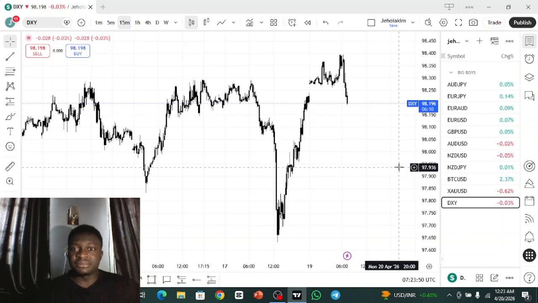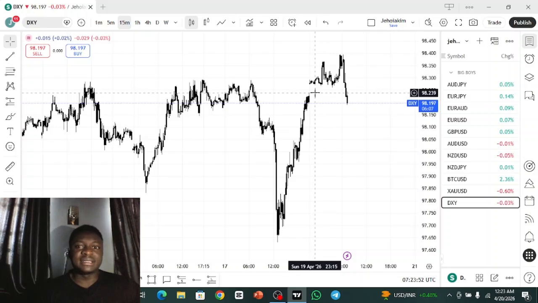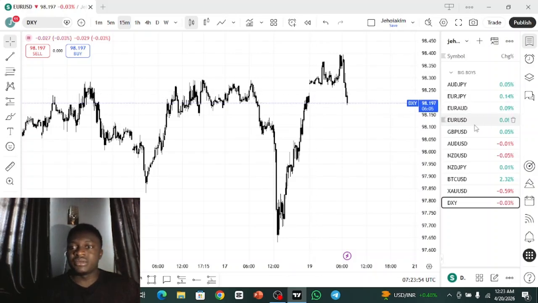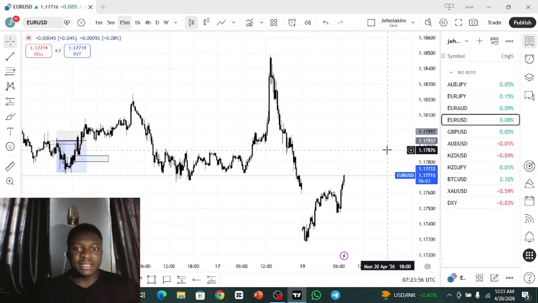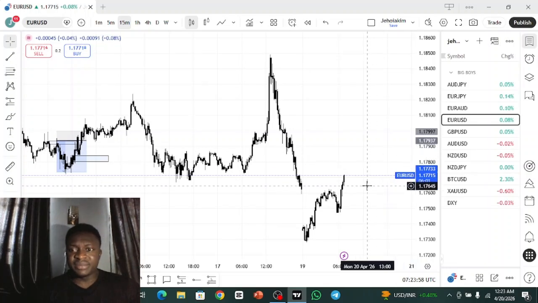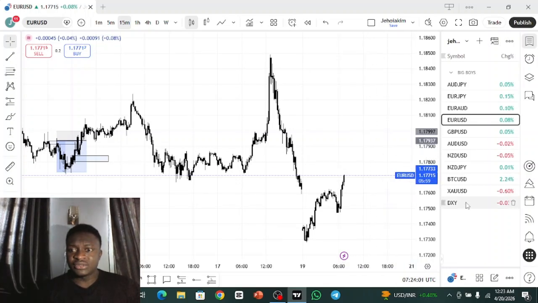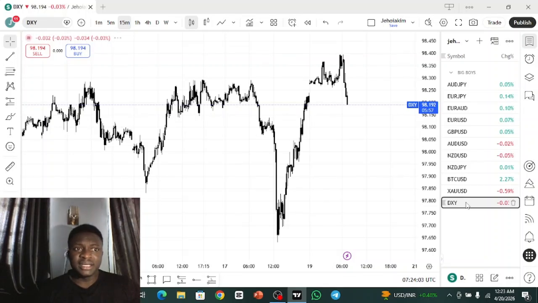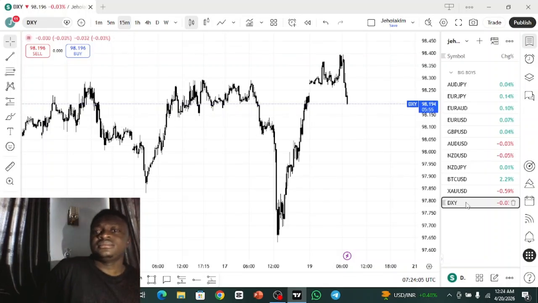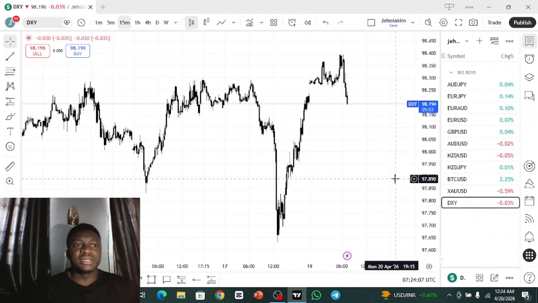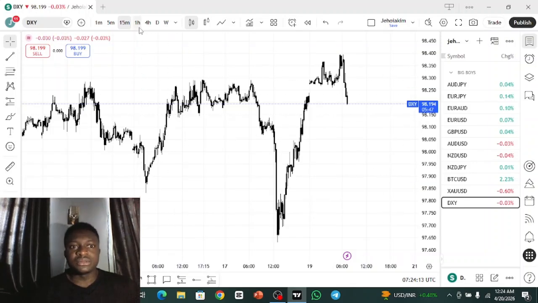So let's say you are looking for buys in your Euro USD. The DXY should be counteracting the movement in your analysis. So when DXY is buying, Euro USD is selling. When Euro USD is selling, DXY is buying. That is what I want to let you know.